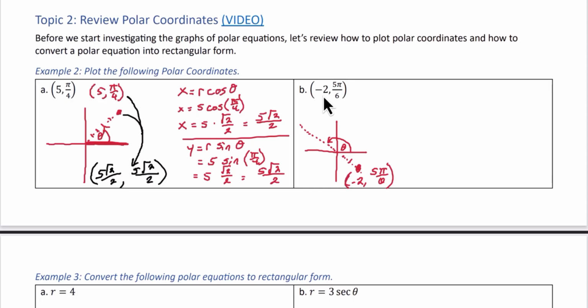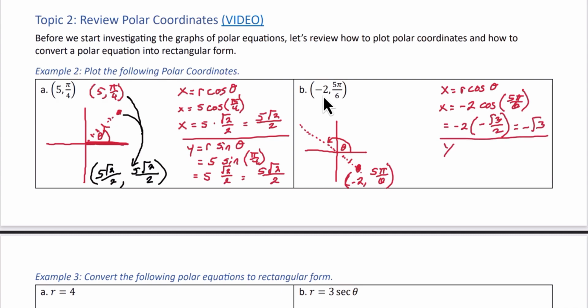Again, if we wanted to convert those to rectangular coordinates, x is r cosine theta. In this case, -2 cosine of 5 pi 6. That'll be -2 times the cosine of 5 pi 6, which is negative square root of 3 divided by 2, which will give us negative root 3.